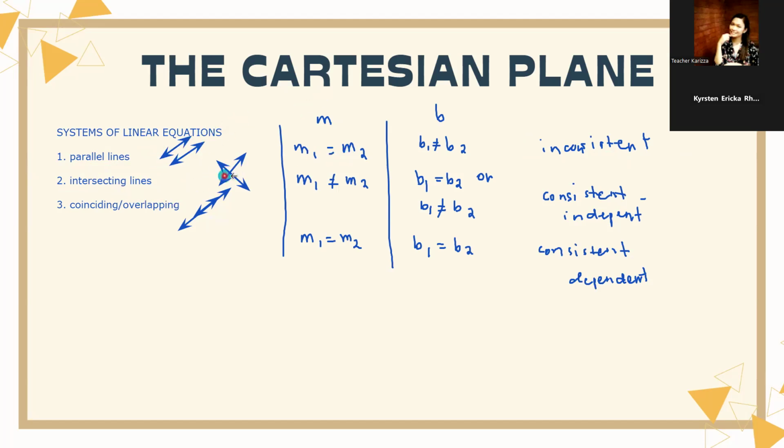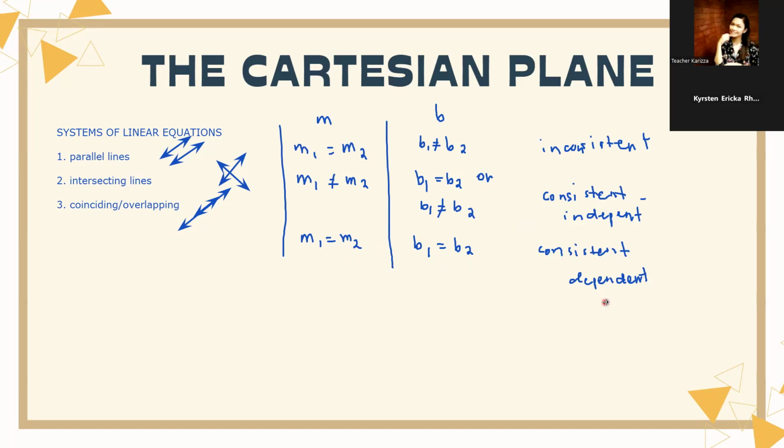But for intersecting, they're just going in their own way. And in the nature of your Cartesian plane, consistent independent, they will meet at one point, and then for coinciding overlapping, they meet at every single point. So your slope and y-intercept should be the same, and it's referred to as consistent dependent.